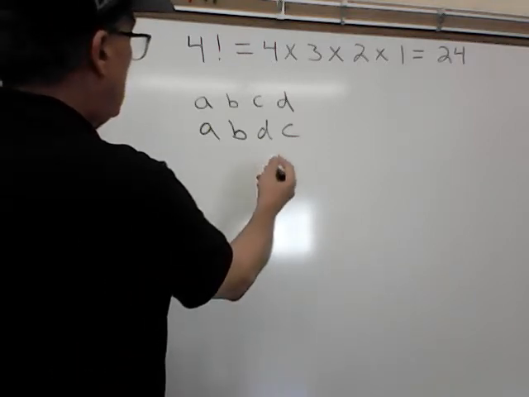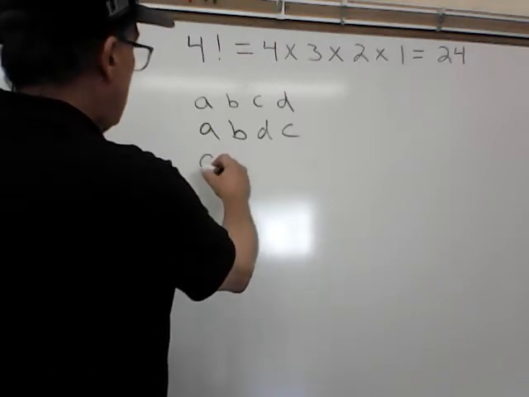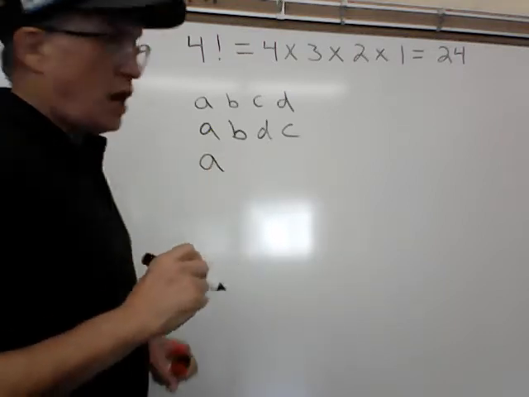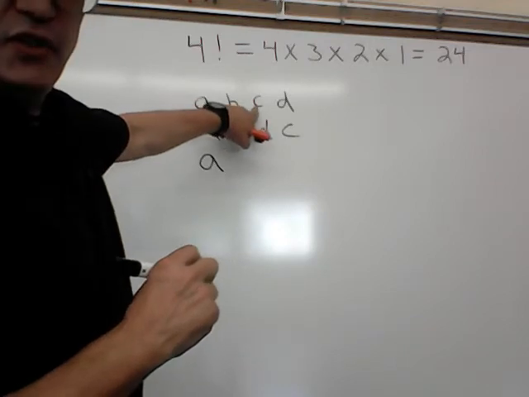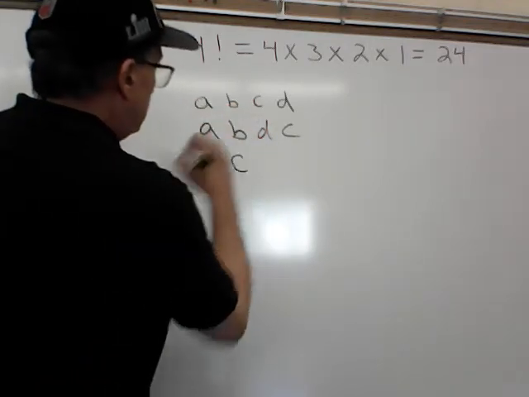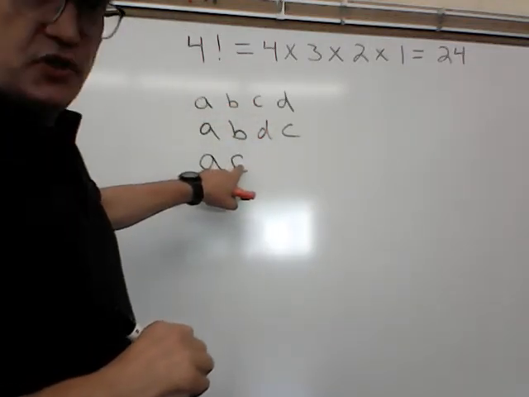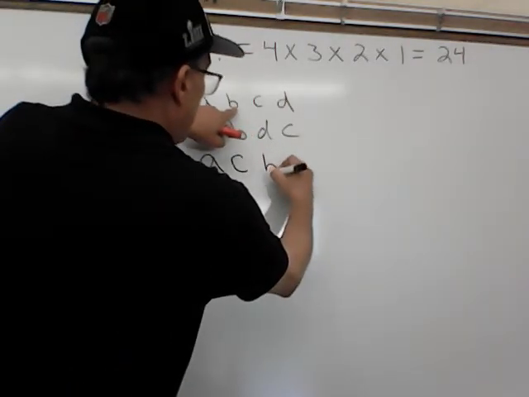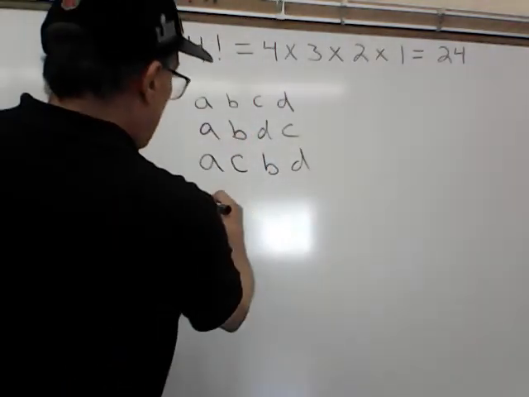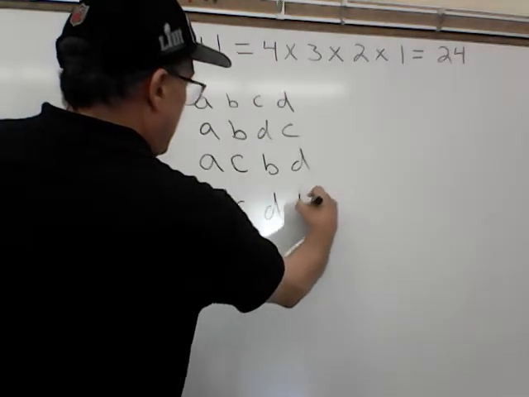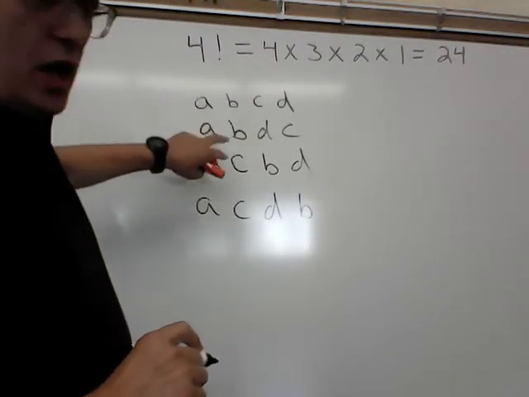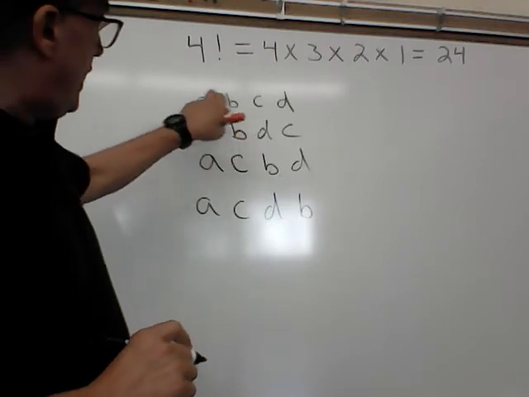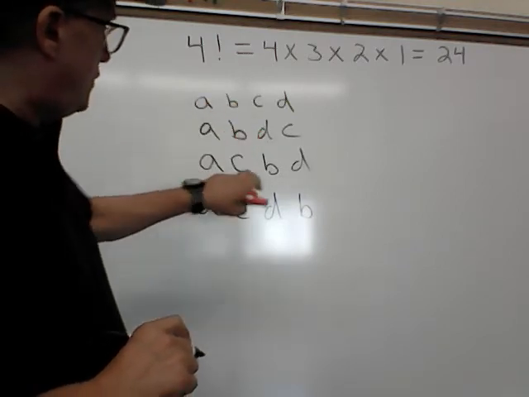So let's now start with A and put the C second. And once we put the C second, we can go BD, but we could also go AC and then DB. So now we have all the possibilities for AB first and AC first.